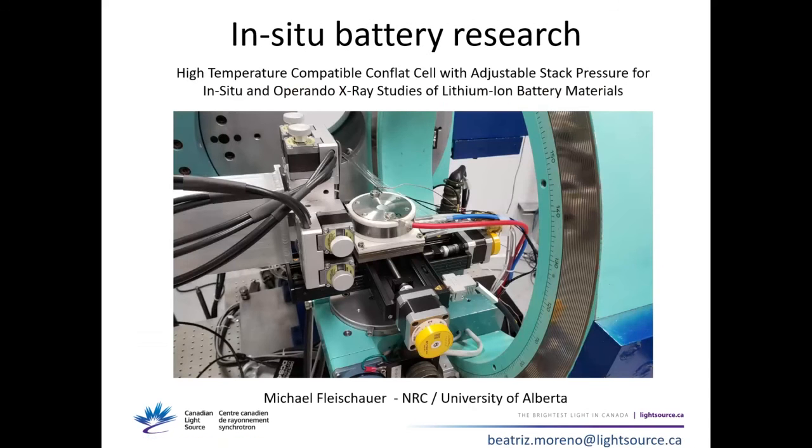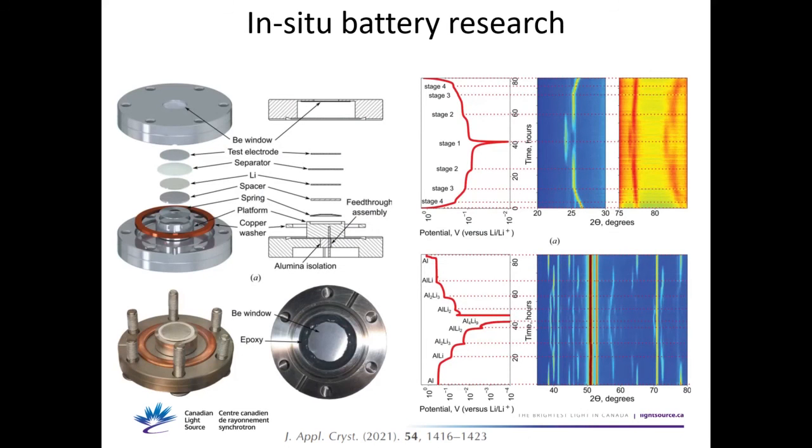Here is another in-situ battery example. This is a battery setup developed by Professor Michael Fleischauer at the University of Alberta. So they have their own, that's another example of a user with particular interest who brings their own setup. We help them with the interface, make sure everything fits in our station.